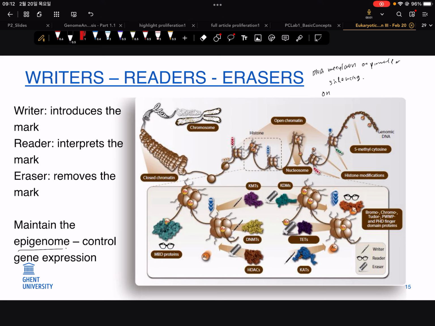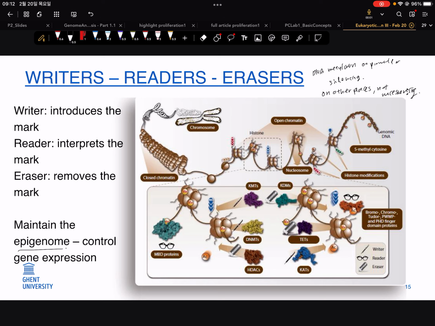Good. Last week I talked about DNA methylation, and there we saw that DNA methyltransferase is the driver. The erasers are the TET (ten-eleven translocation) proteins, which can remove methyl groups from DNA.